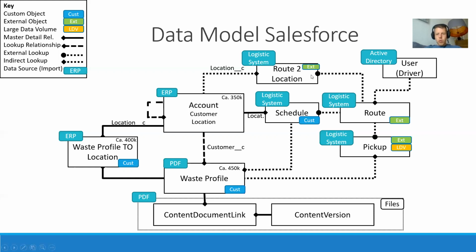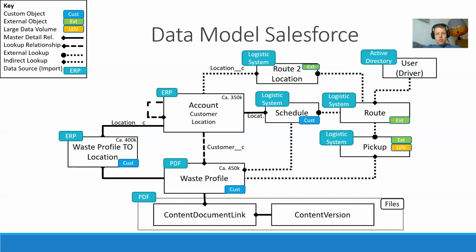Then I want to go to the right side to the whole topic of routing and scheduling. Let's start with the scheduling from a process point of view. A customer selects a previously approved location and adds a schedule to this location.